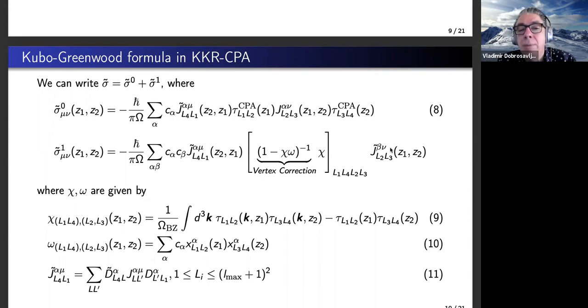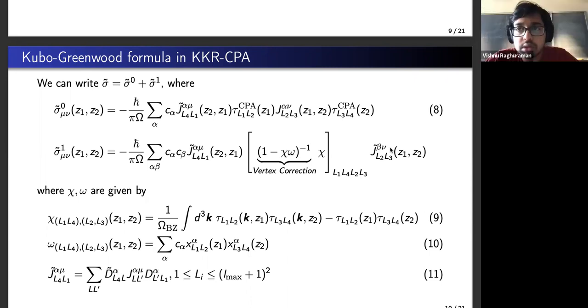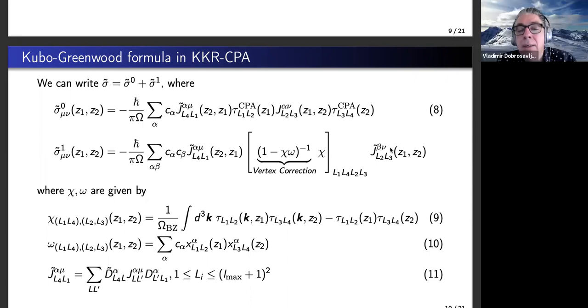The same KKR-CPA can be done also for one or for any number of bands. The standard CPA is an approximation that becomes exact, I'm talking about a one band model, in infinite dimensions. If you have a large coordination number, just like the DMFT, then the vertex corrections happen to drop out. So can you actually comment on this?